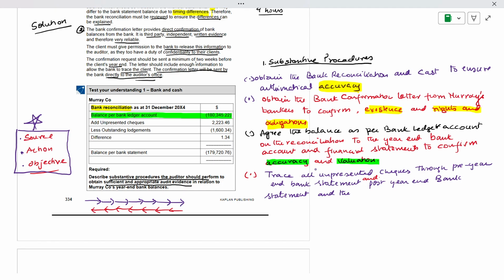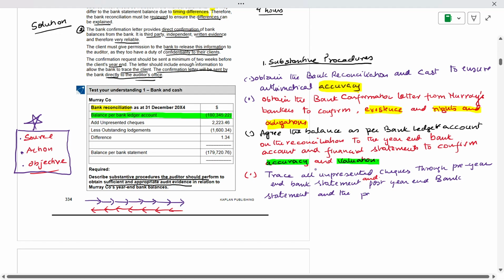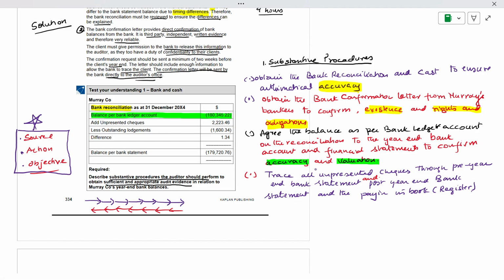What will you have? The paying-in book, the register. As simple as that, it is the check register. Why are we saying that? To make sure that we have a record of all these things.